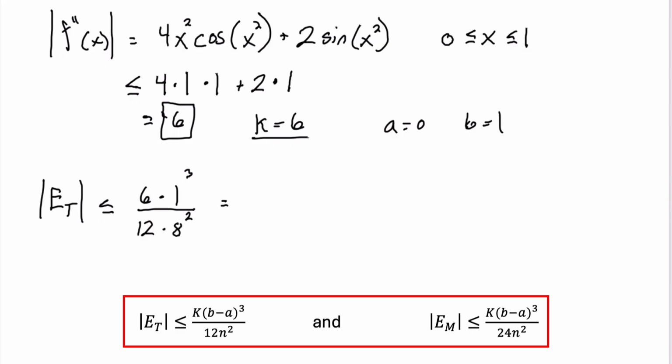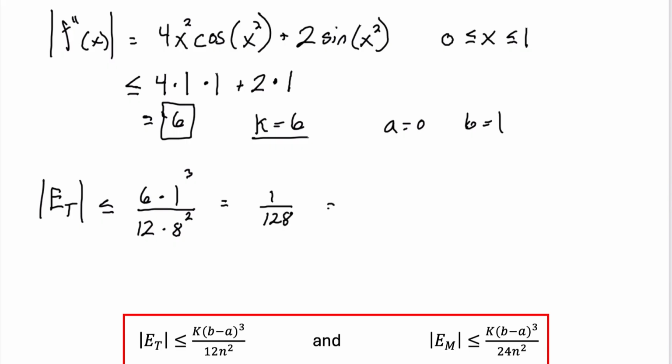That will give me 1 divided by 128, which if we wanted a decimal, that is 0.0078125.